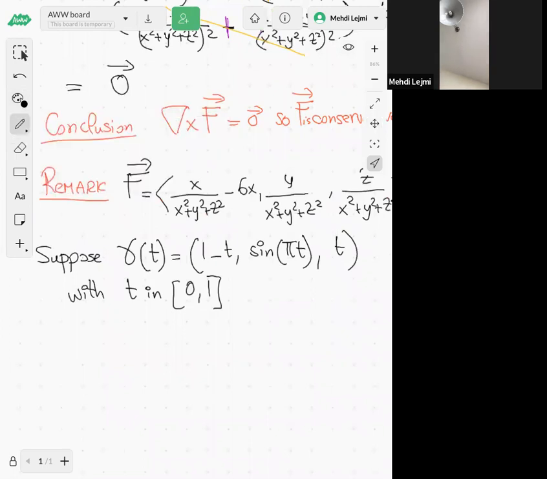So we just proved that this vector field F, of course, is conservative, right? But we don't know yet how to find the potential function f. But let's say now we want to evaluate the vector line integral of this vector field F along gamma.